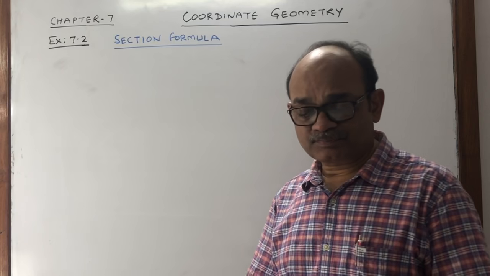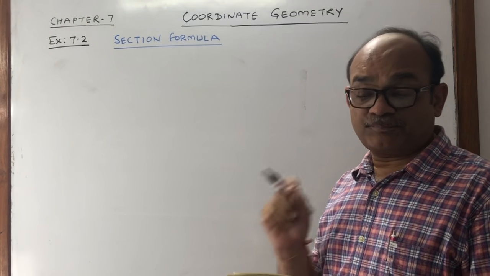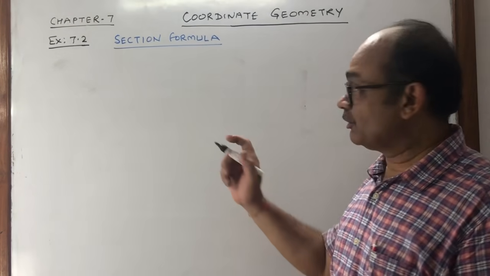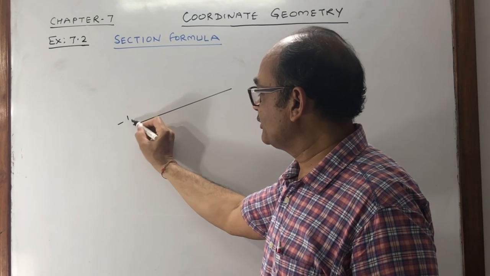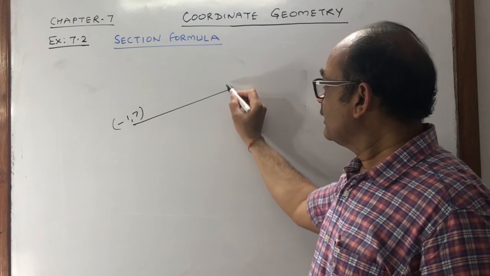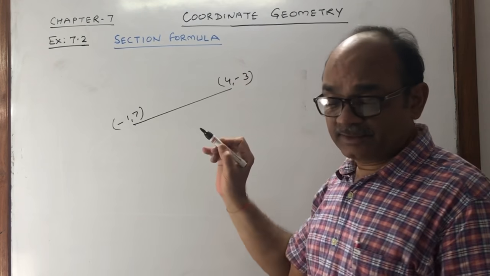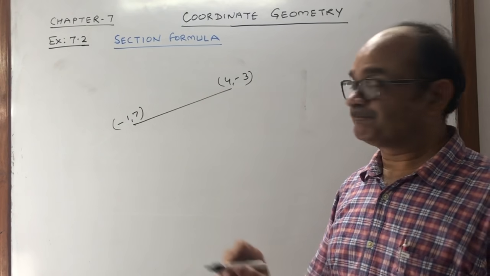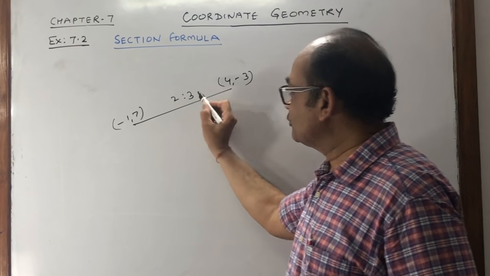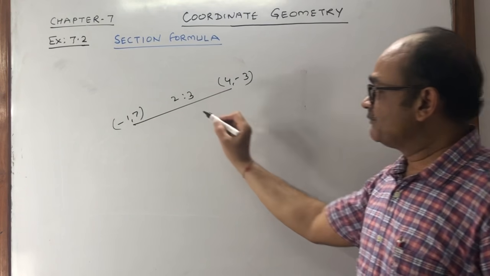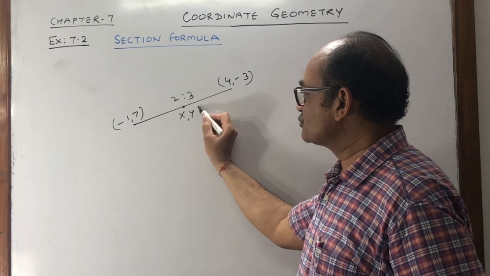The first sum: find the coordinates of the point which divides the join of (-1, 7) and (4, -3) in the internal ratio 2:3. It means m and n are given to you as 2:3. And our aim is to calculate this coordinate, say (x, y).